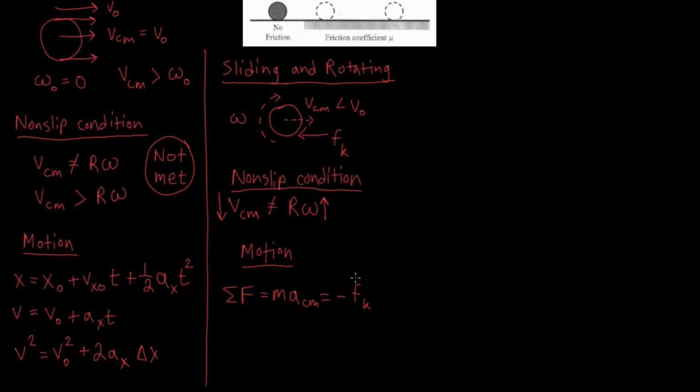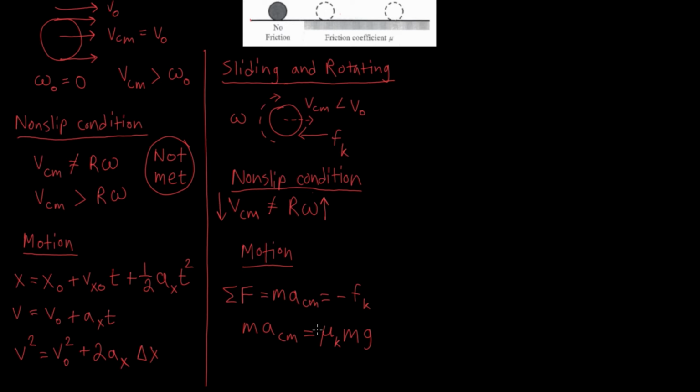Let's expand this equation out further. So the formula for the force of kinetic friction is the coefficient of kinetic friction, which is mu subscript k, times the normal force. Now the normal force is just the mass of the object times the acceleration due to gravity.